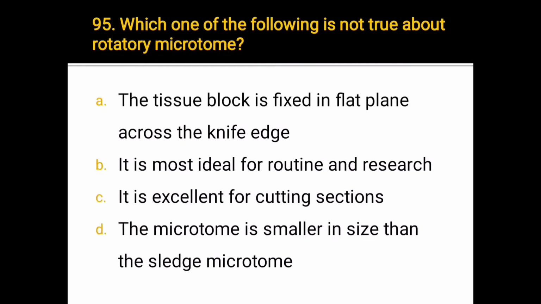B. It is most ideal for routine and research. C. It is excellent for cutting sections. D. The microtome is smaller in size than the sledge microtome. Correct answer D. The microtome is smaller in size than the sledge microtome.